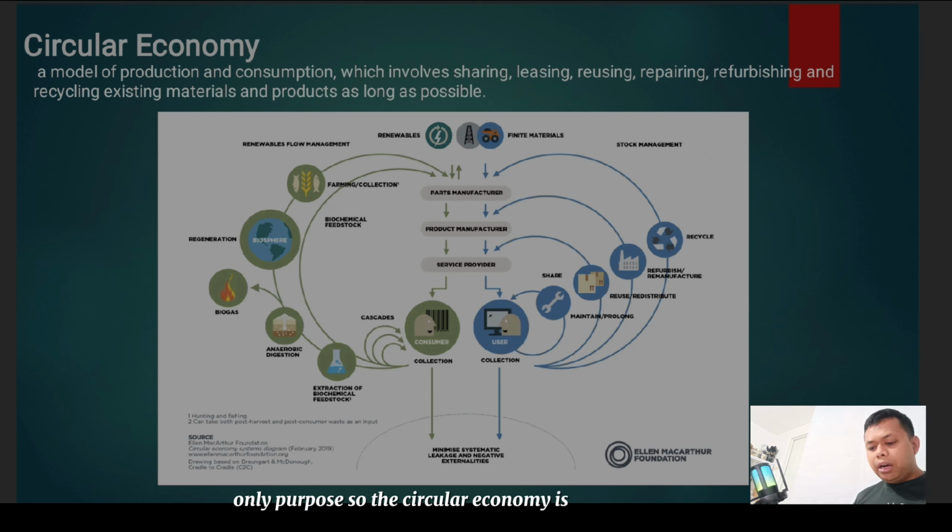So the circular economy is an advocacy made in order to fully utilize materials, both in a natural way and in an industrial manner.